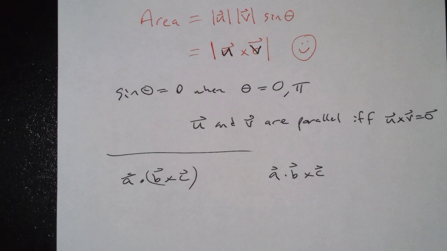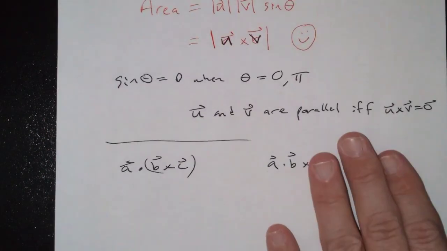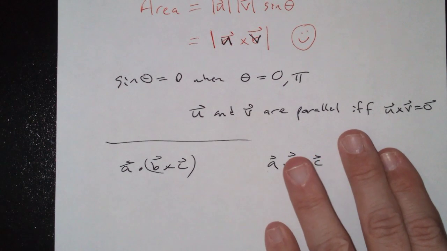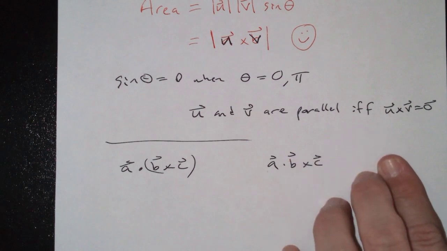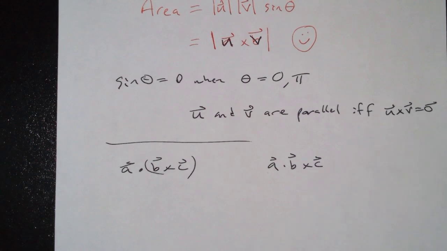Except if you do A dot B first, what do you get? Can you multiply a scalar with a vector using the cross product? No, you can only cross a vector with a vector. So I can't do A dot B first. I have to do B cross C first. The parentheses are really kind of not necessary.